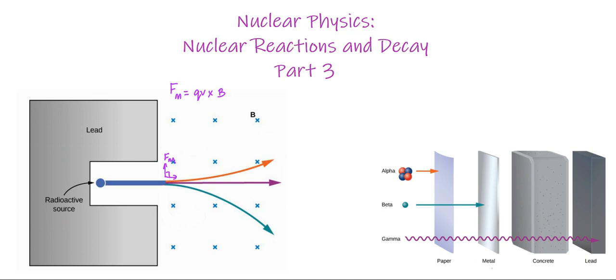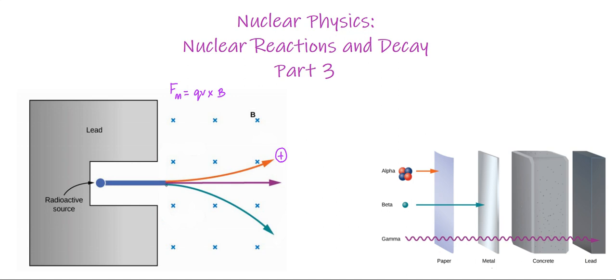Now if we use the right hand rule to backtrack to figure out what charge this has to have, we have our fingers representing the magnetic field pointing into the plane of the page, the index finger the velocity pointing to the right, and that does leave my thumb pointing up in the direction I would expect the magnetic force to be. So that leaves this as a positive particle because it follows the constraints of the right hand rule.